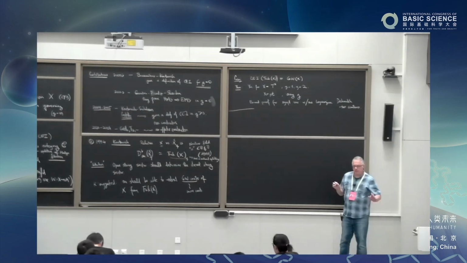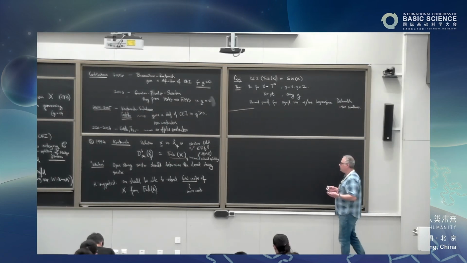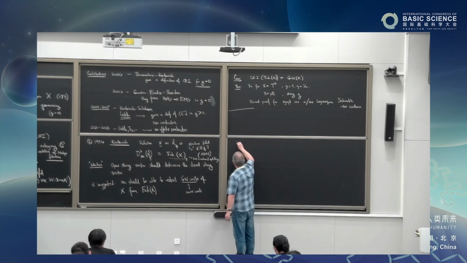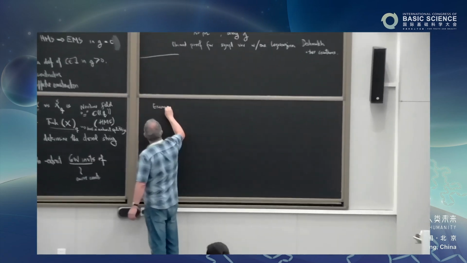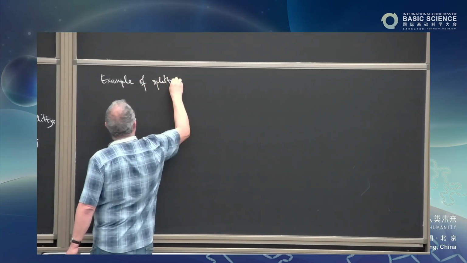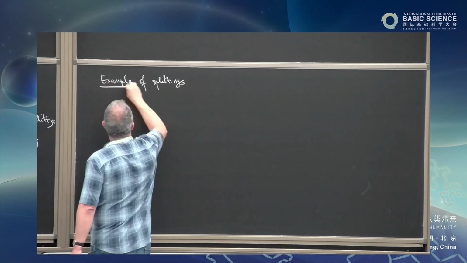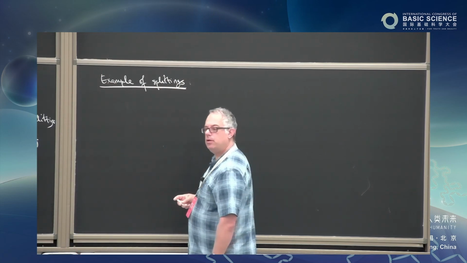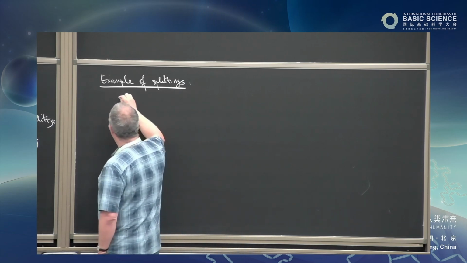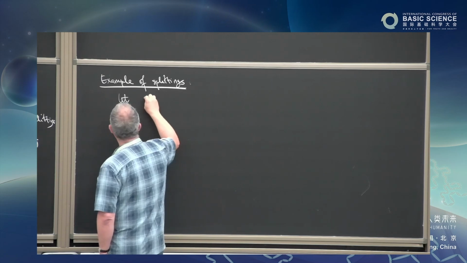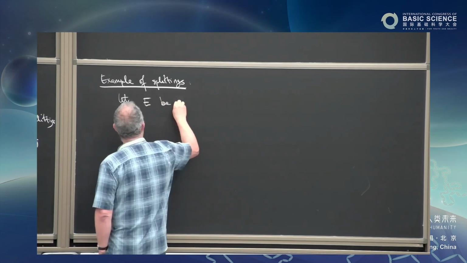So this is a mouthful, so I would like to give an example so that people can understand a little bit. So we're going to take it down to a relatively elementary level, and let's say let E be an elliptic curve.